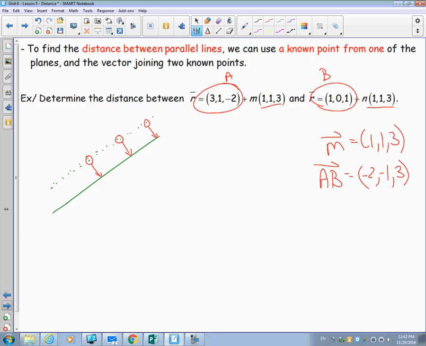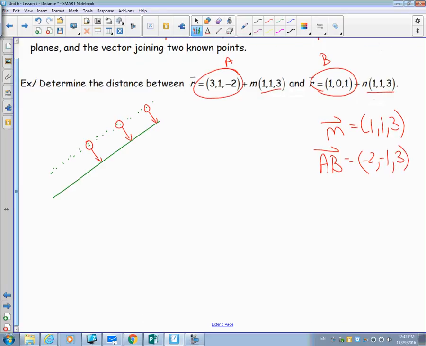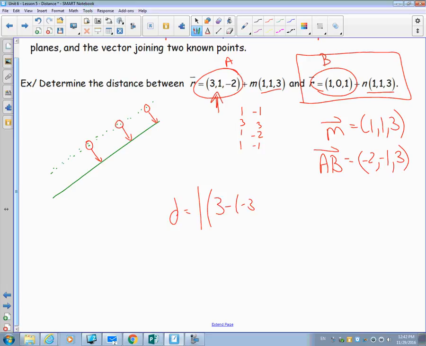If I want to do my distance between this dot and this line, or you could do the exact opposite, I need to take the cross product. So 1, 3, 1, 1, negative 1, 3, negative 2, negative 1. So we'll get 3 minus negative 3. We'll get negative 2 minus, oh sorry, not negative 2, negative 6.